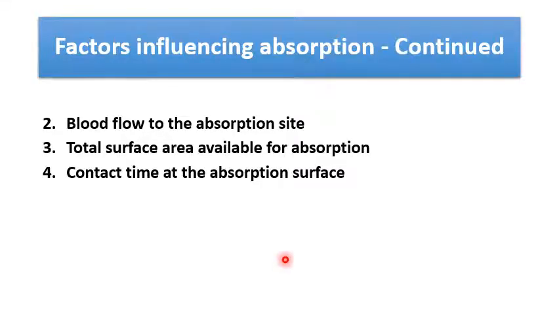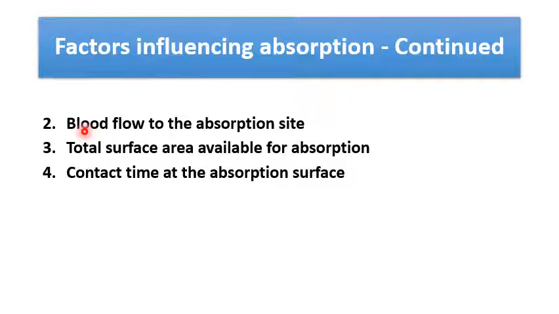Other factors that could influence absorption include the blood flow to the absorption site. In passive diffusion, as we said before, the driving force for the absorption of a drug is the concentration difference between the lumen and the blood side.